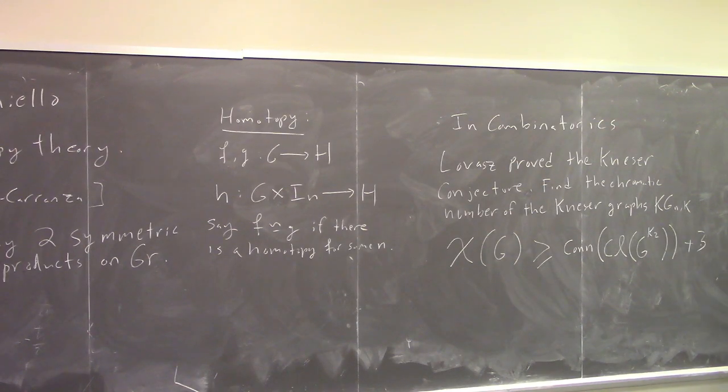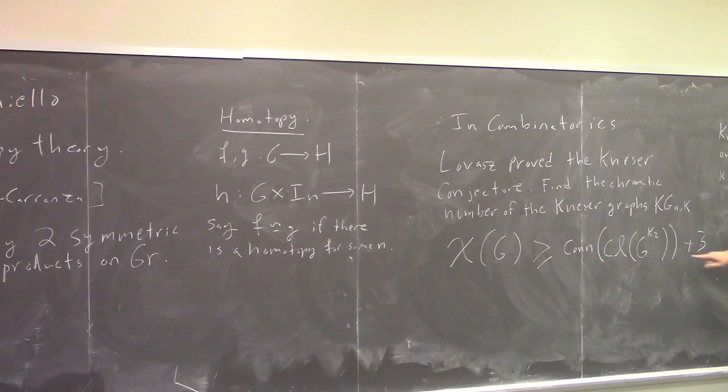What is K2? Kn is the complete graph on n vertices. So K1 is a point, K2 is an interval, K3 is a triangle, K4 is a tetrahedron, and so on.